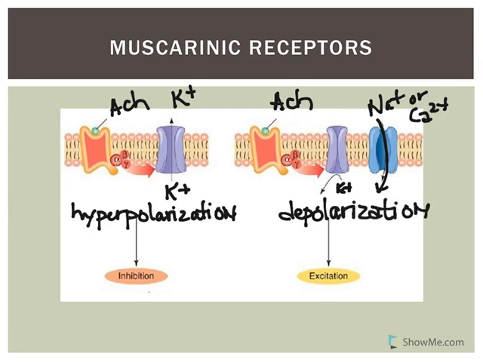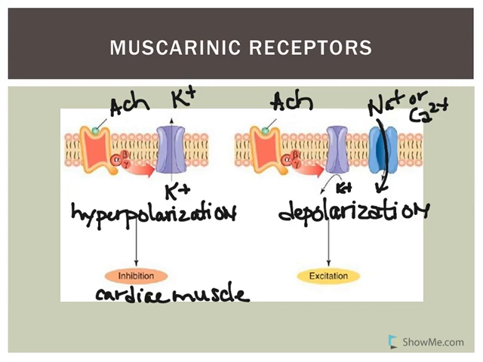So we'll give you a couple examples. A target that would have an inhibitory effect would be, say, cardiac muscle. If the acetylcholine bound to the muscarinic receptor on cardiac muscle, it slows down the heart rate.